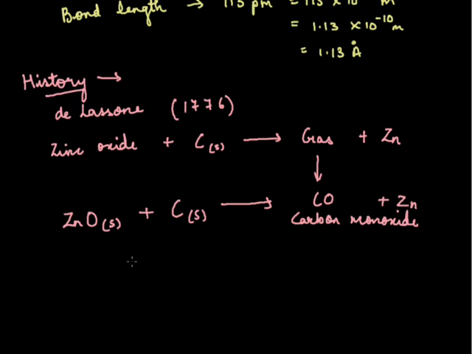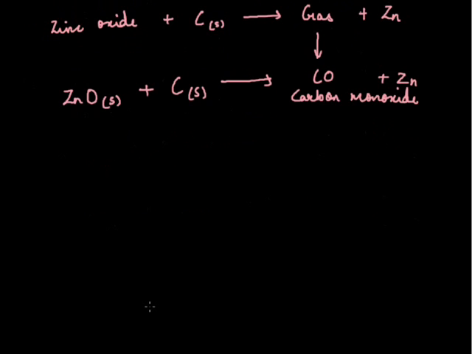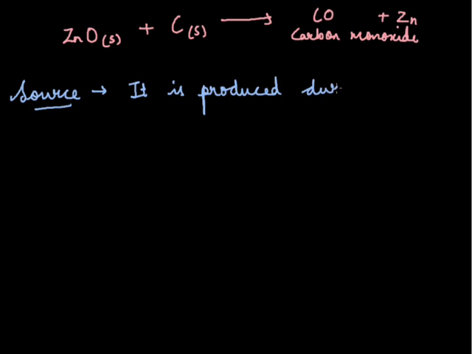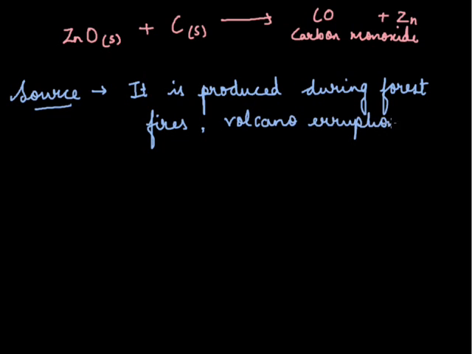Now talking about the sources of carbon monoxide. What are the sources of carbon monoxide? How is it produced and what are its places of origin? It is produced during forest fires, volcano eruptions, and other combustion methods.